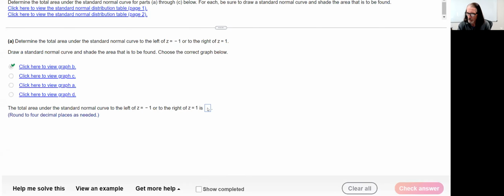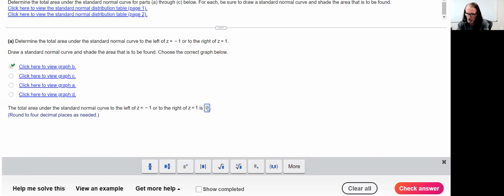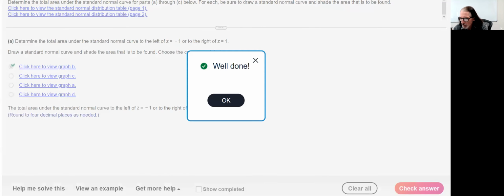That's giving us 0.3174. Those two portions were disjoint or mutually exclusive, which is why we could add that number to itself, i.e. double it. I want you to see something else.